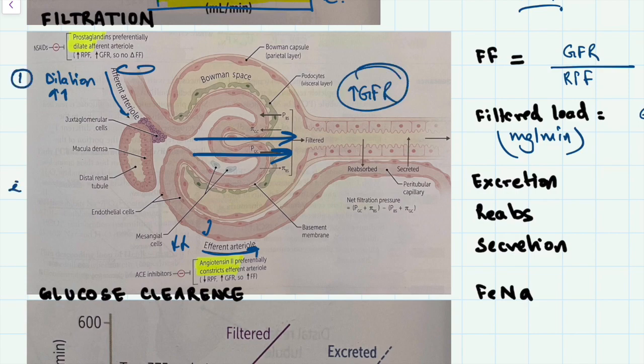Remember this first case. And second, dilation of any arteriole would lead to increase in blood flow, that is the renal blood flow, while constriction leads to a decrease in renal blood flow. Right. So, let us take all the cases.